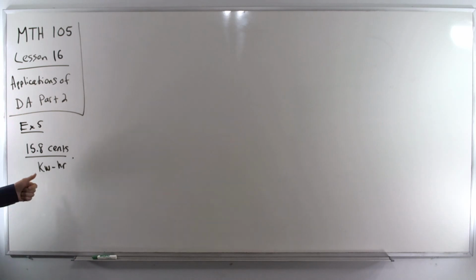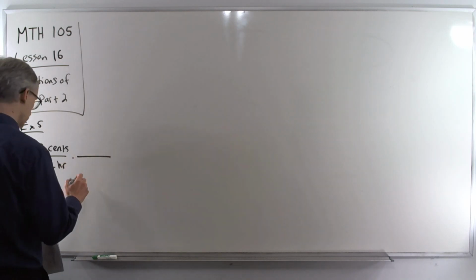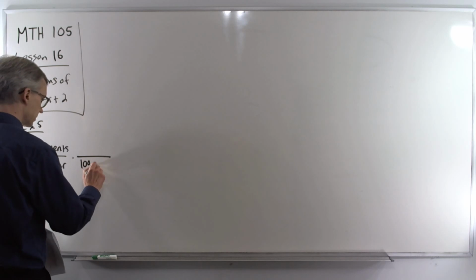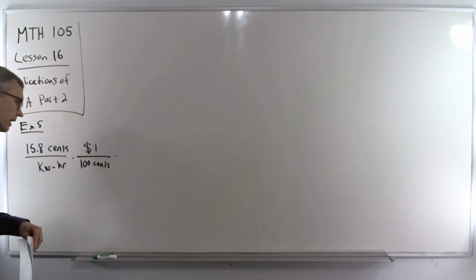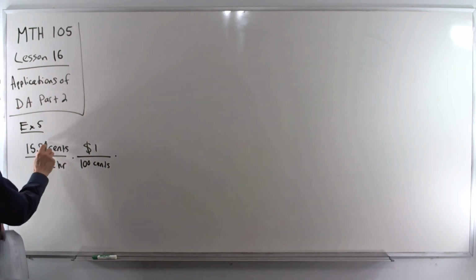Now, kilowatt hour is running 1 kilowatt for 1 hour. So it's 15.8 cents per kilowatt hour. All right, now we want to know what the bill is in dollars. Cents aren't going to help us that much. So 100 cents per dollar. Okay, now we're in dollars. Cents cancel.